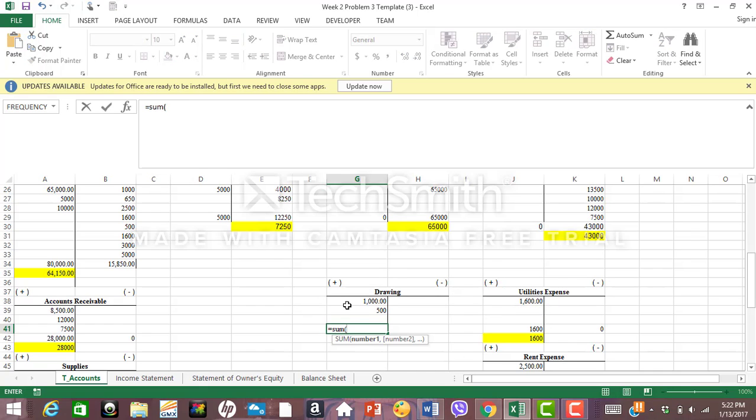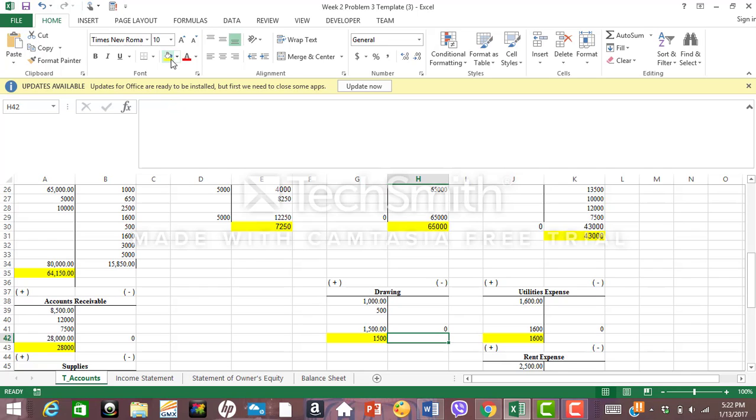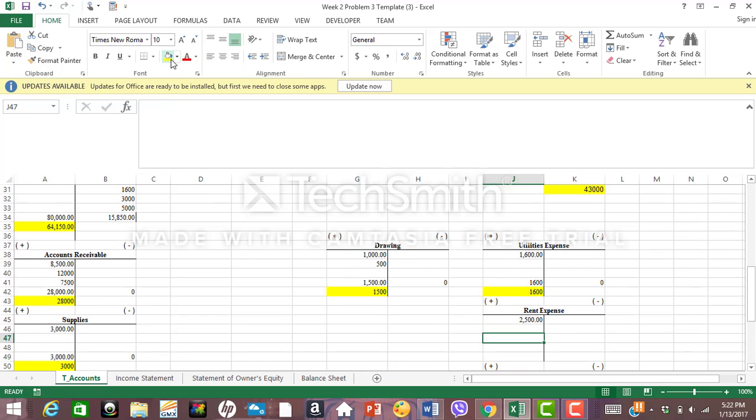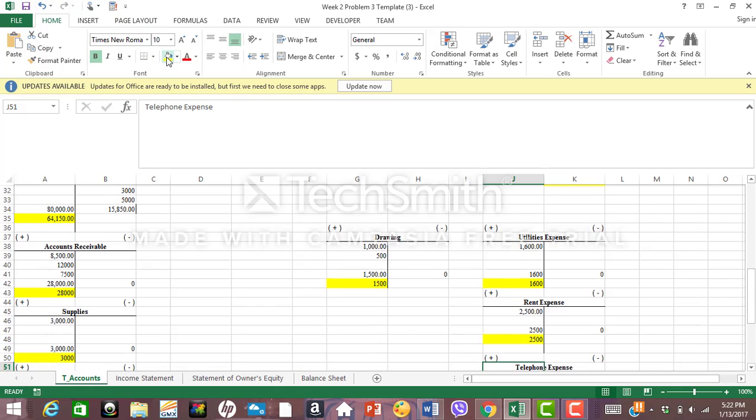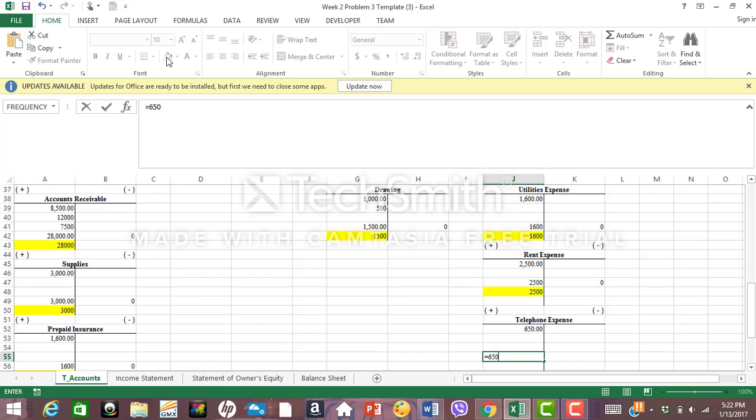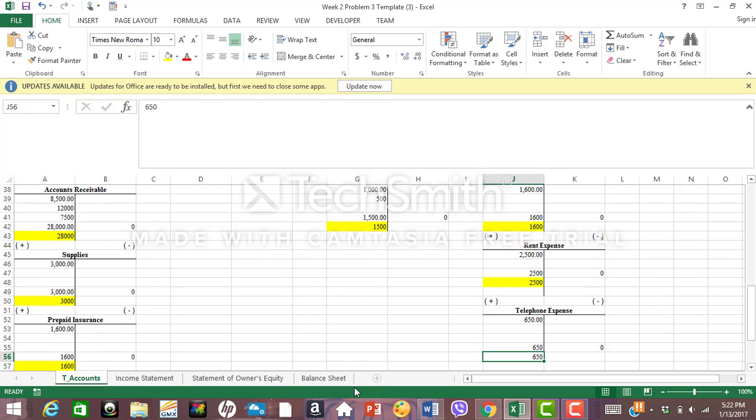And your drawing would be this. And then rent expense balance is $2,500, and the telephone expense would be the same. There were no mistakes made, so your balance for the telephone expense is $650.